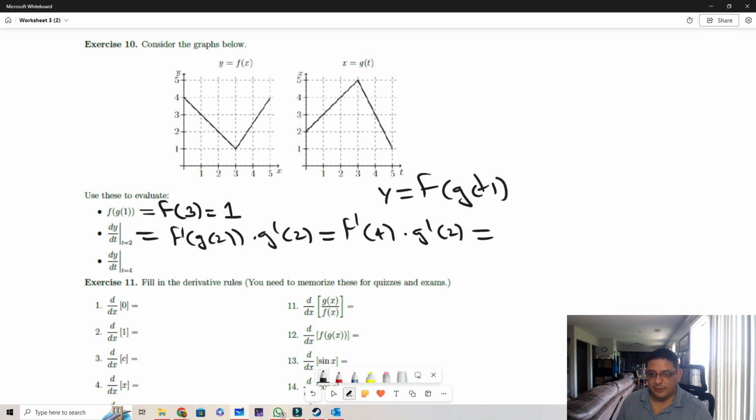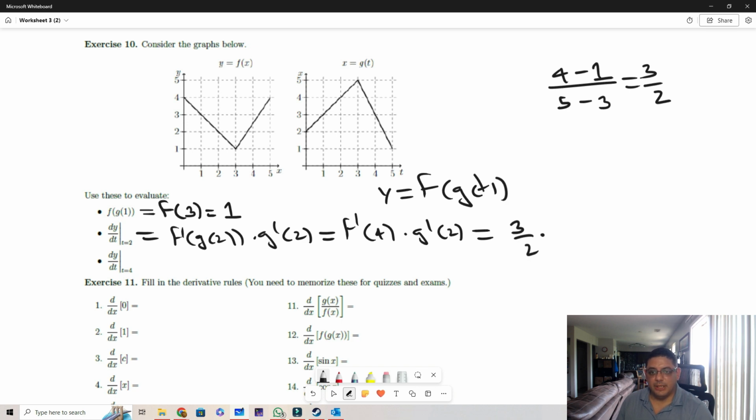For example, we can pick this point: when the function is at x equals 3, it gives me 1. And when the function is at 5, it gives me 4. So I get 4 minus 1, the difference in the y's, over the difference in the x's. So this is 4 minus 1 over 5 minus 3, which is 2, so 3 halves. So this means that f prime of 4 has a slope of 3 halves.